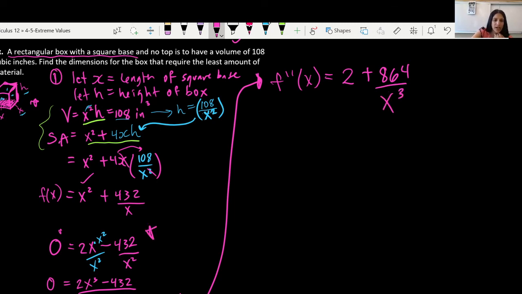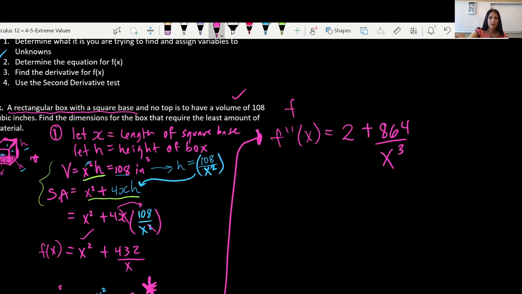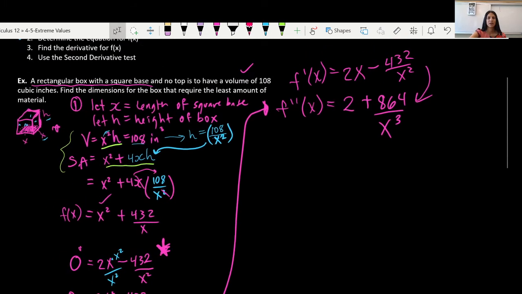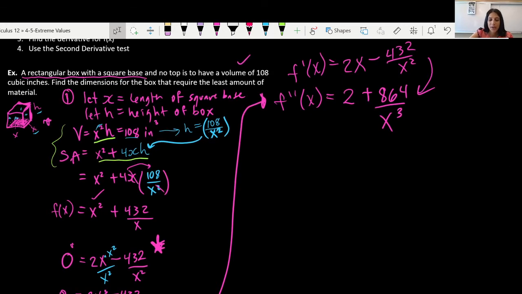The reason why is I feel like I maybe messed this up a little bit for you to see it clearly because I did all the work within that. And now we don't have an f prime of x written anywhere. So maybe I'll show you above here. Our f prime of x, before I did all this work on it, was just 2x minus 432 over x squared. So you can now see how I got that second derivative. So hopefully that makes it a bit easier for you to make sense of and to work with.